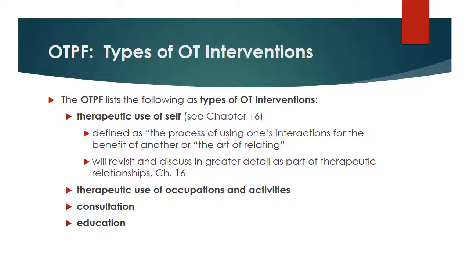An example of this would include a school-based OT going into a classroom and making recommendations to the teacher as to how to have the performance of students improve on a particular task. But the OT isn't actually working directly with the clients. They're giving recommendations to the teacher.